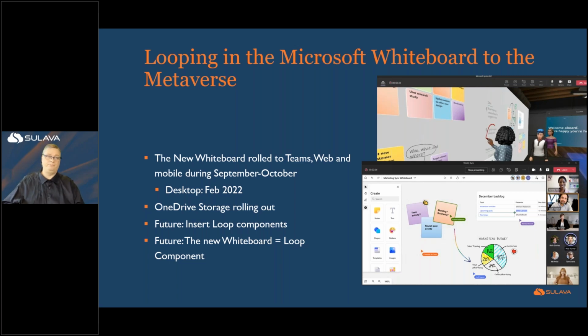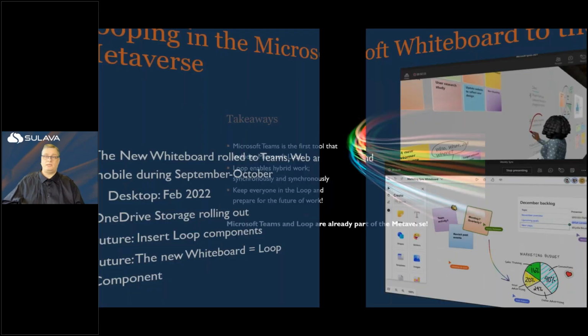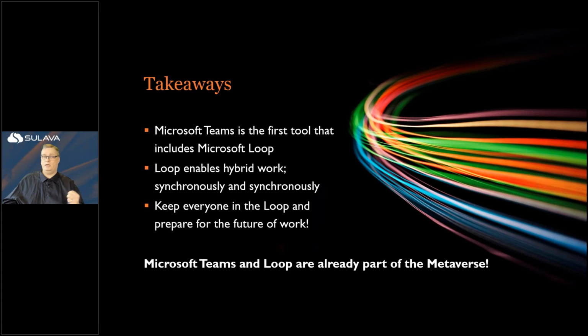That's very nice. Some takeaways, I'm already getting close to my ending time, is that Teams is the first tool where you can use that, and it will enable you to this hybrid work and world. Just keep everyone in the loop and prepare for the future of work because Loop is really the future of collaboration.